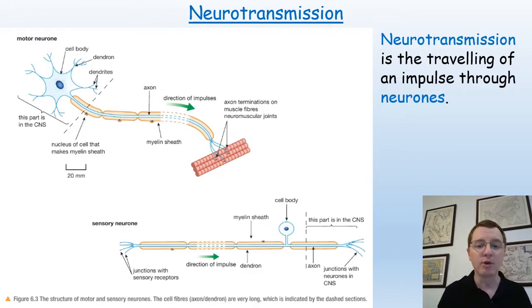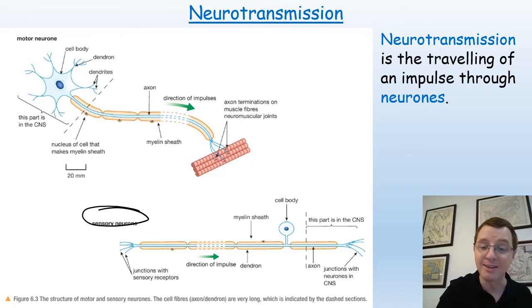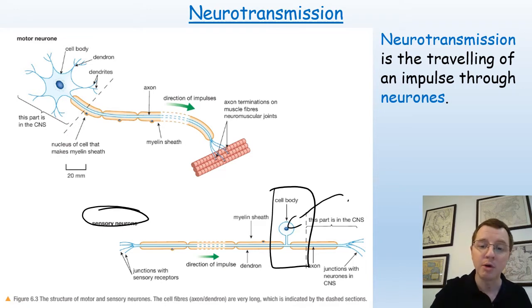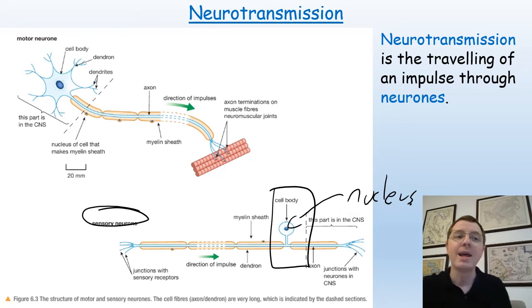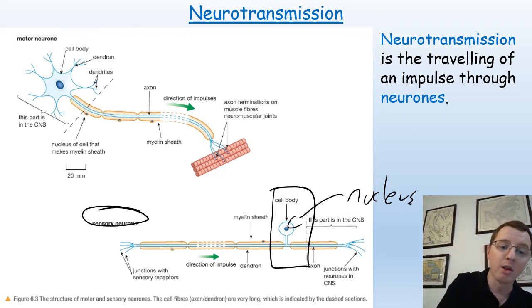So if we have a look here, we've got two different types of neuron. We've got firstly our sensory neuron here, and you can always tell it's a sensory neuron because the cell body is off to one side, and that cell body contains the nucleus, that dark dot in the middle. But it's off to one side. It stays out of the way, so neurotransmission can be very quick along here.